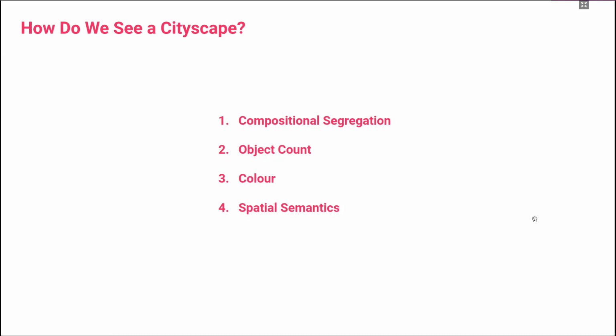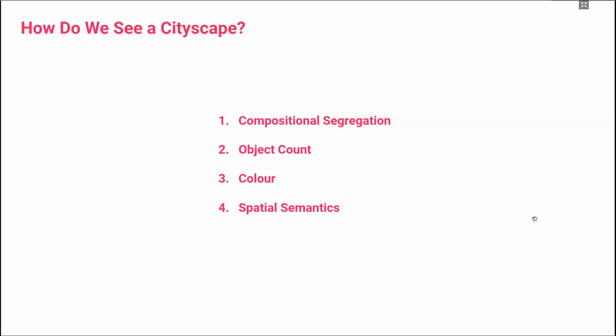On the right, I see trees. Up top, I see sky. And down below, I see a road with vehicles on it. So one of the processes, and no one knows if it's sequential or simultaneous, is that we tend to segregate the composition that we're seeing into different types.